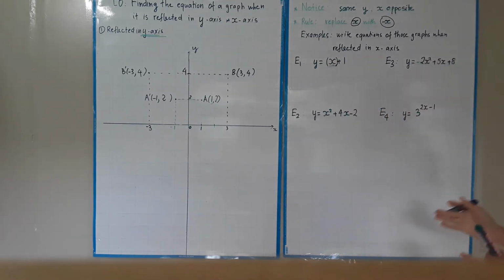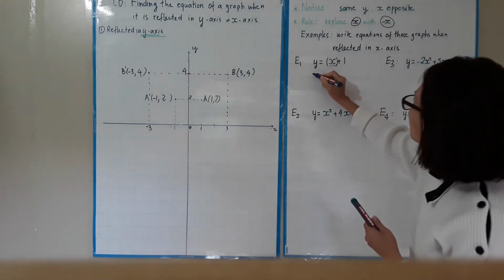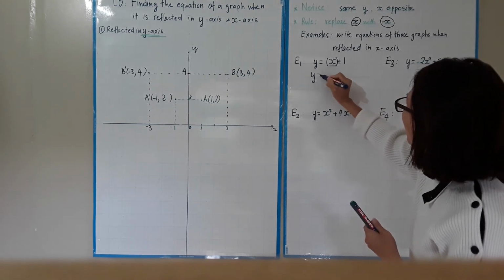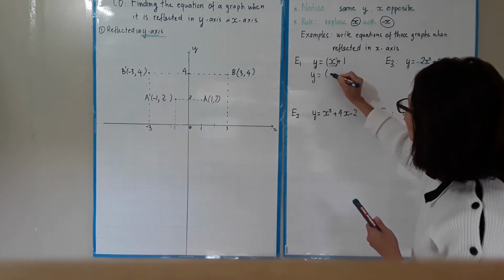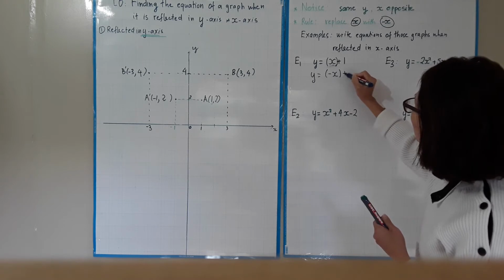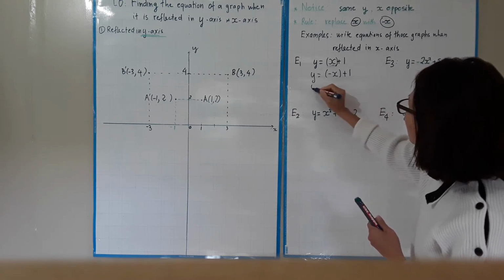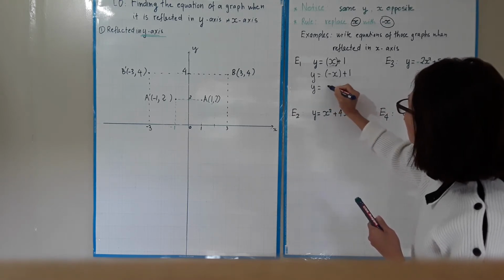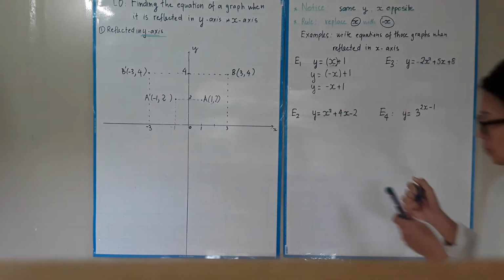So you know that you have to replace x with -x. Here we write the answer: y equals x will be replaced by -x, and the rest we keep the same. Simplify: y equals -x plus 1.